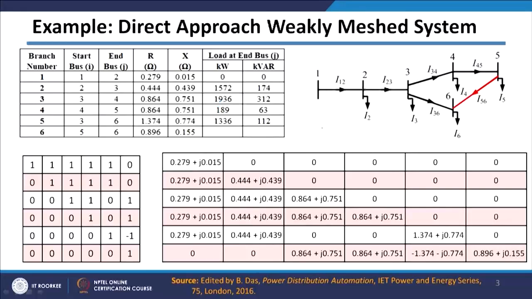For one system, I have taken the R and X parameters of different lengths of the line, and for that system this is the BIBC matrix, and by considering the particular impedances of the line you will have this BCBV matrix.